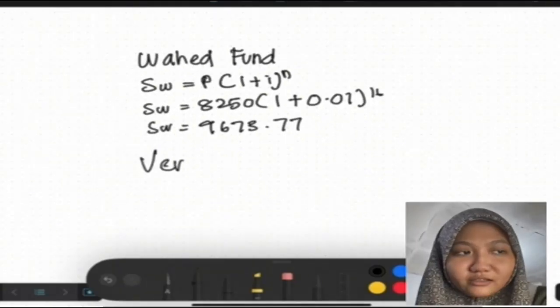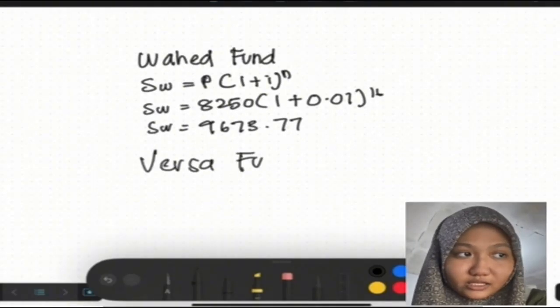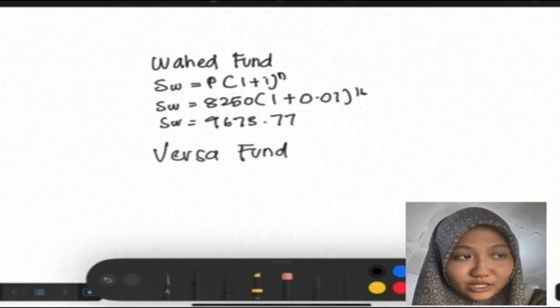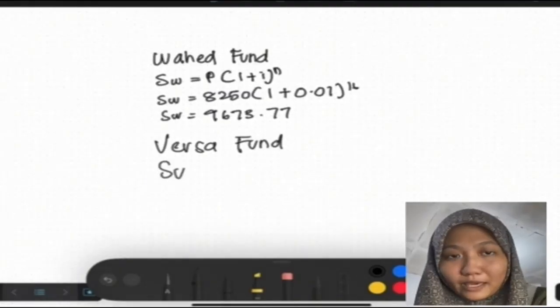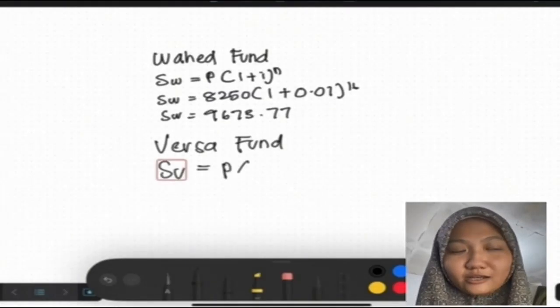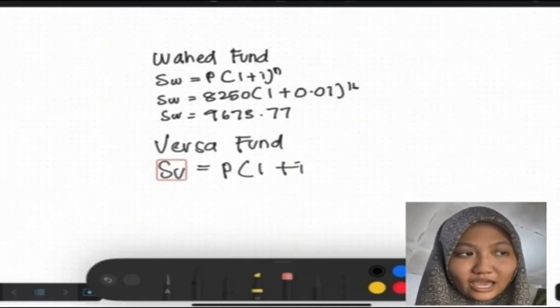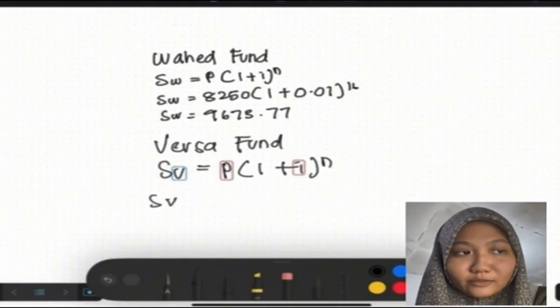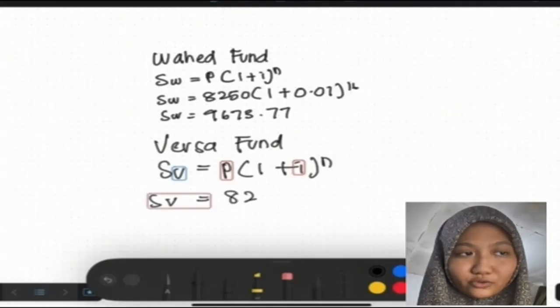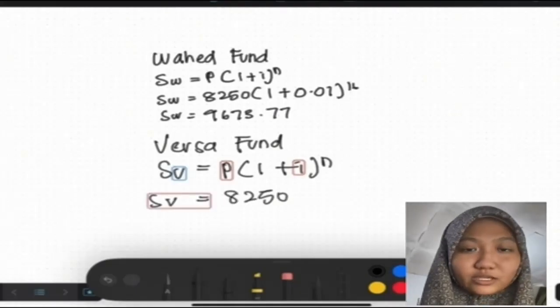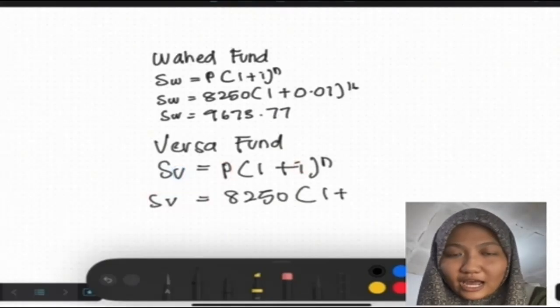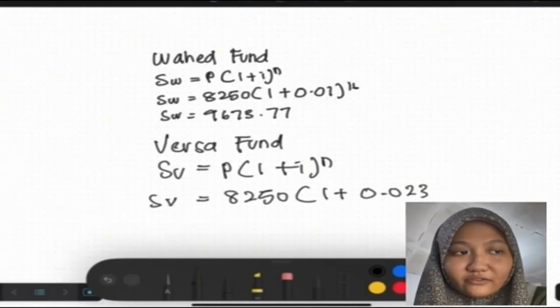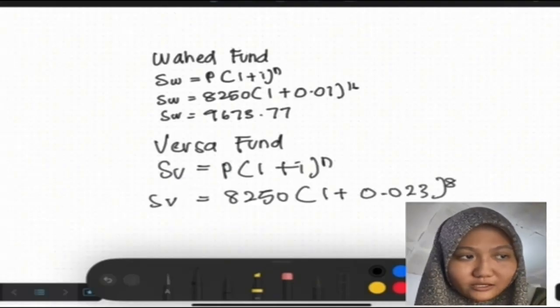So we're going to find the future value of Versa Fund, using the same formula. S equal P times 1 plus I to the power of N. SV equal to 8,250 times 1 plus 0.023 to the power of 8, which is S equal to 9,895.98 ringgit Malaysia.